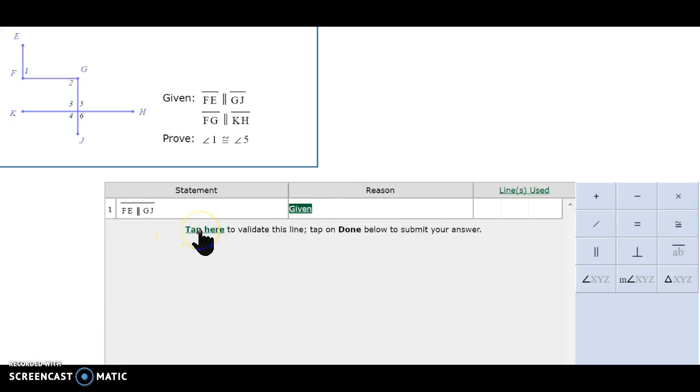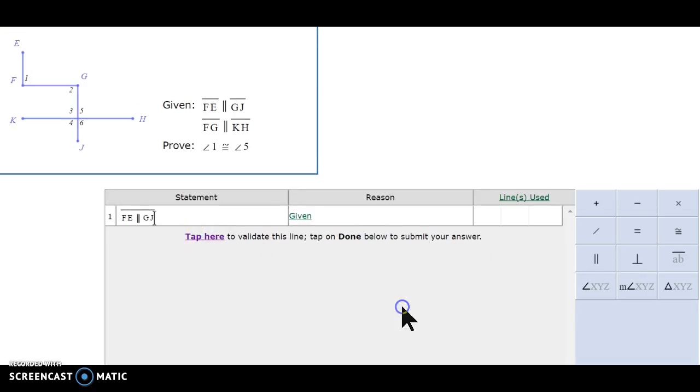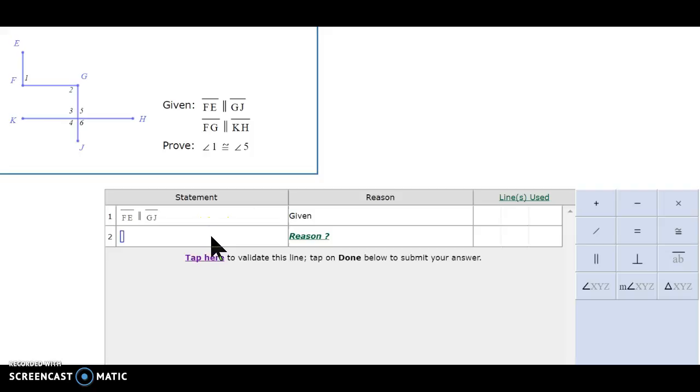And if that's given to us, okay, let's see what happened. FE is parallel to GJ. Okay, now next line.